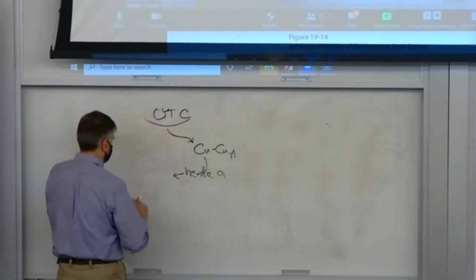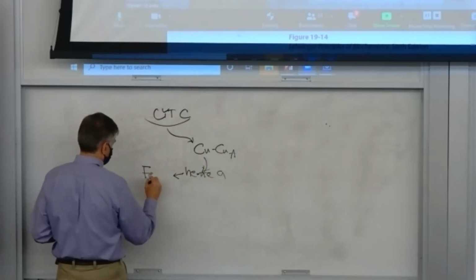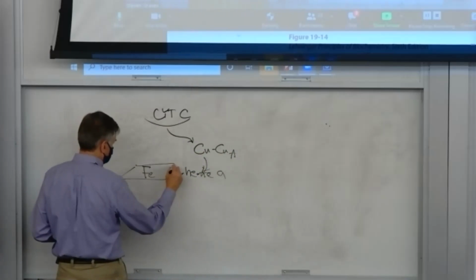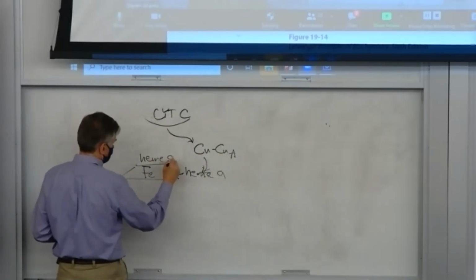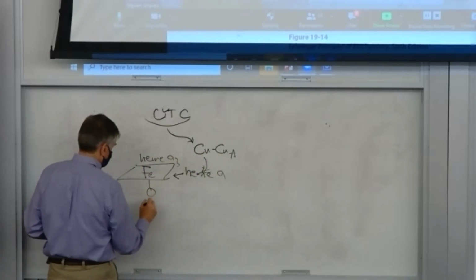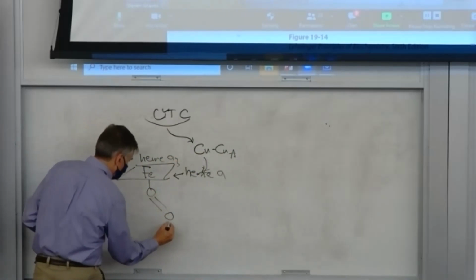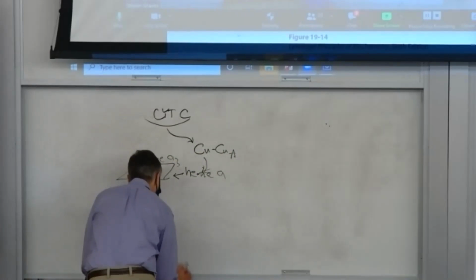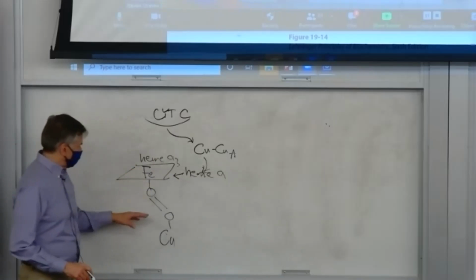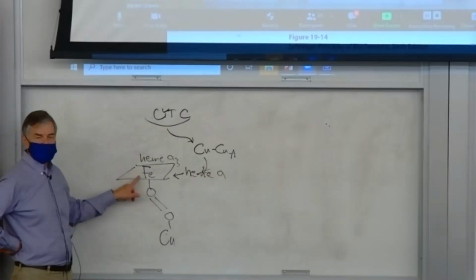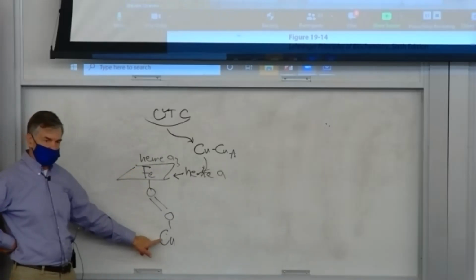Here's the iron that is part of this heme A3. And it is quite likely that the oxygen is positioned and bound by both iron and the copper B.